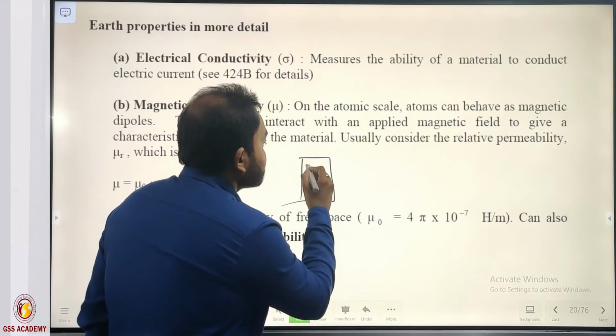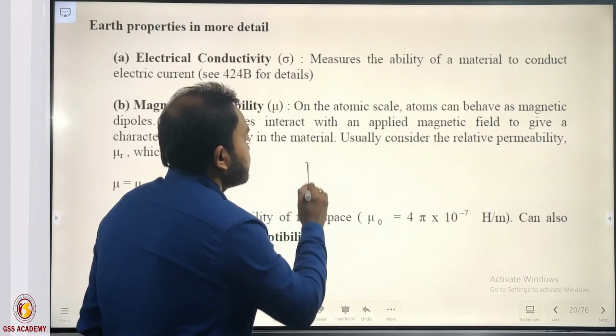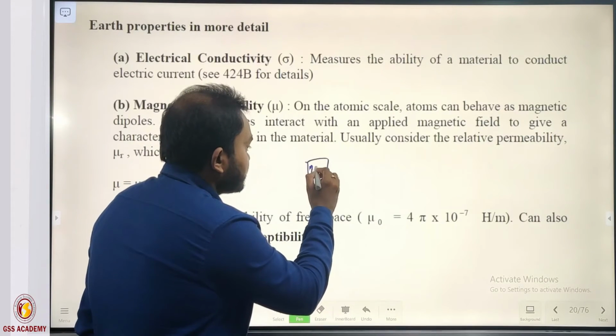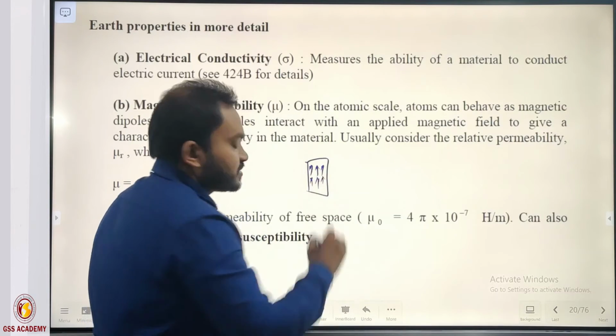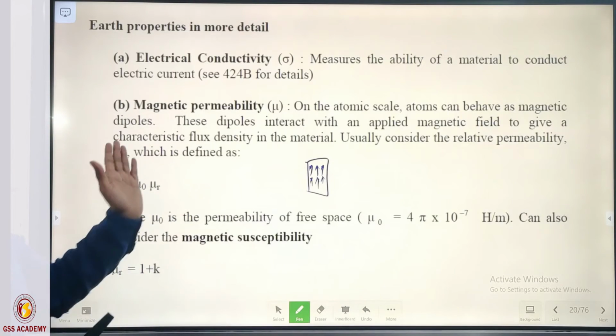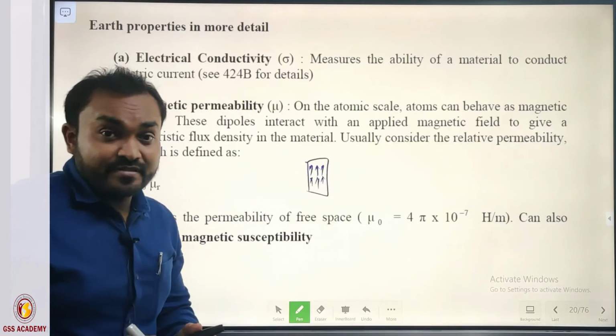Suppose a small molecule is one material, and it has some magnetic field strength. They also interact with the applied magnetic field.